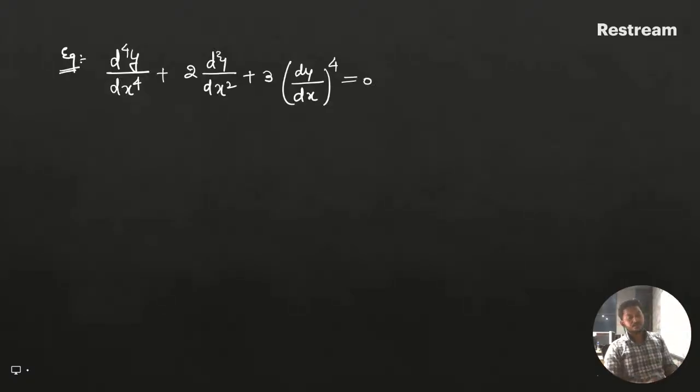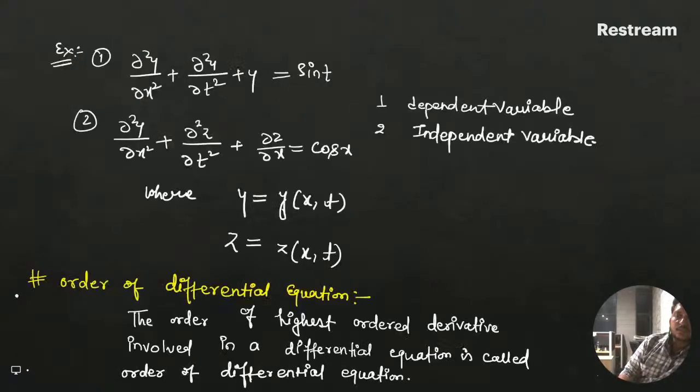So basically these are basic examples. Sometimes you may be asked to find the order and degree of this differential equation. So first thing, keep in mind the order of the highest order derivative involved in the differential equation.